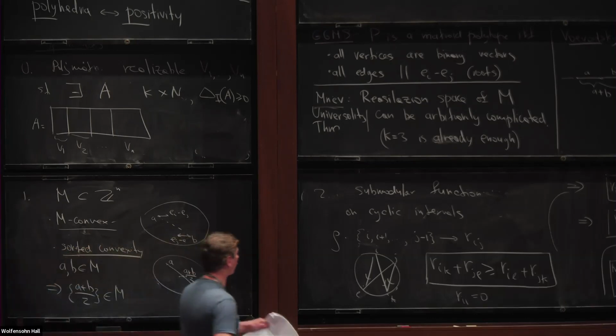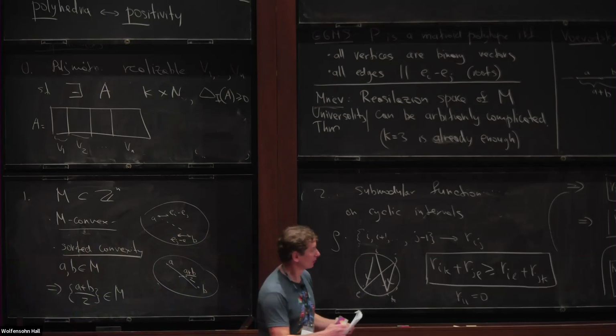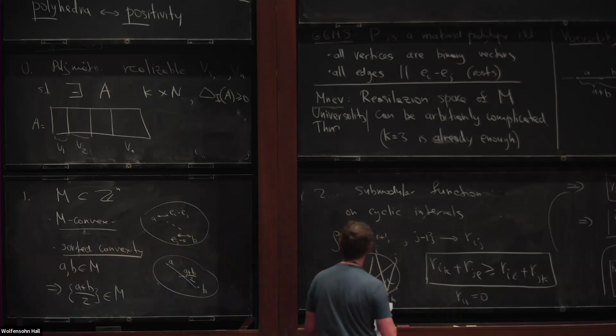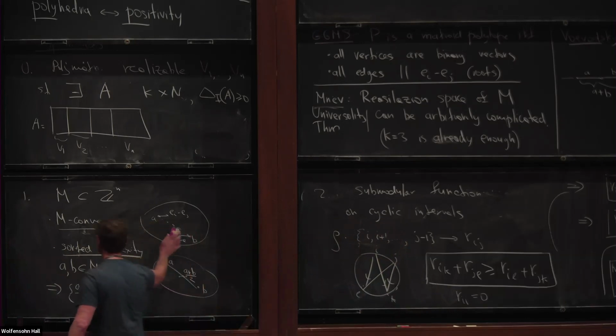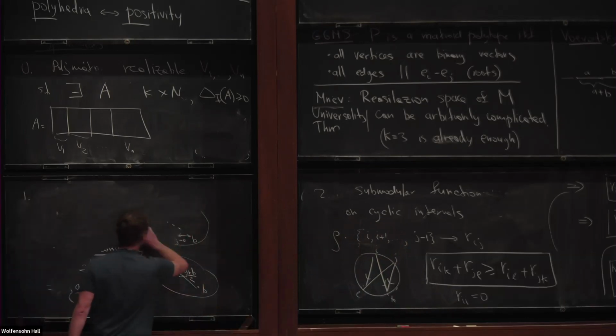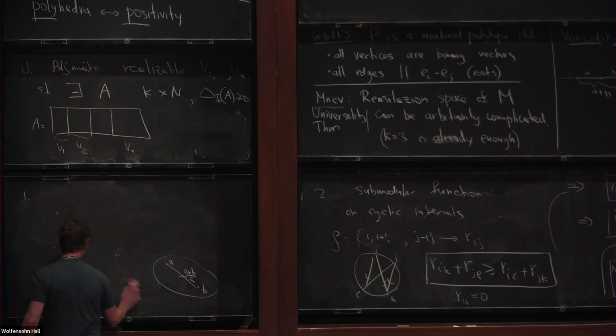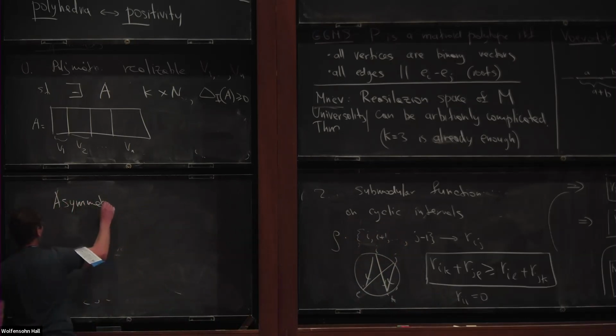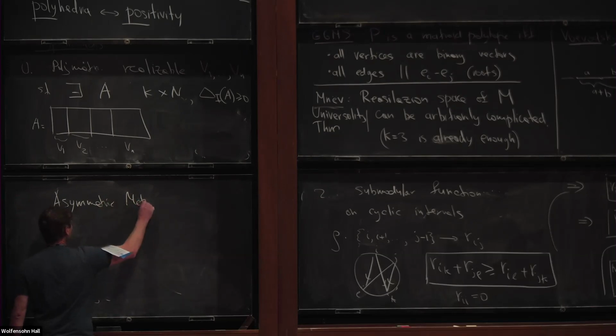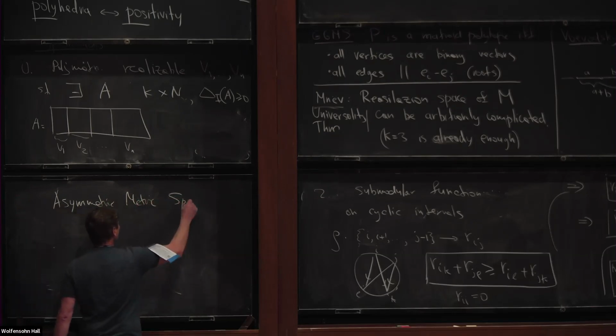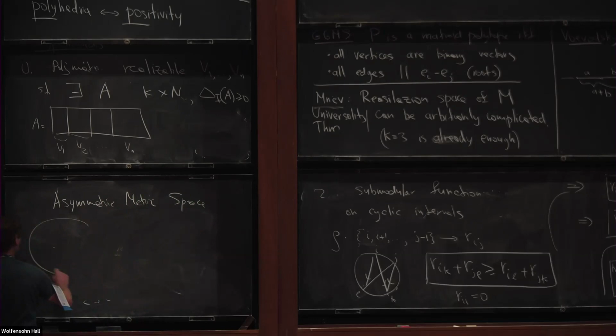Okay, but let me move on to the new things. Let me talk about asymmetric metric spaces. So what is an asymmetric metric space? It is a certain space with a distance function.